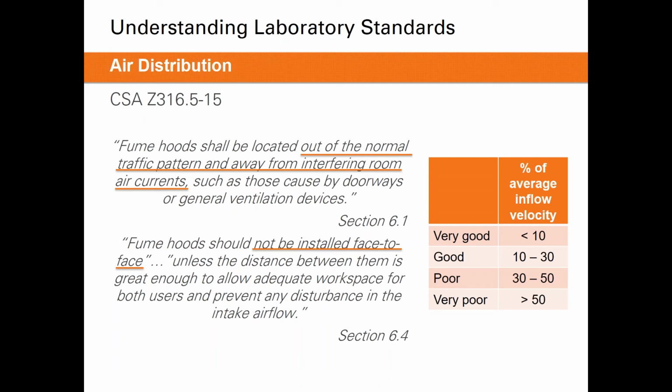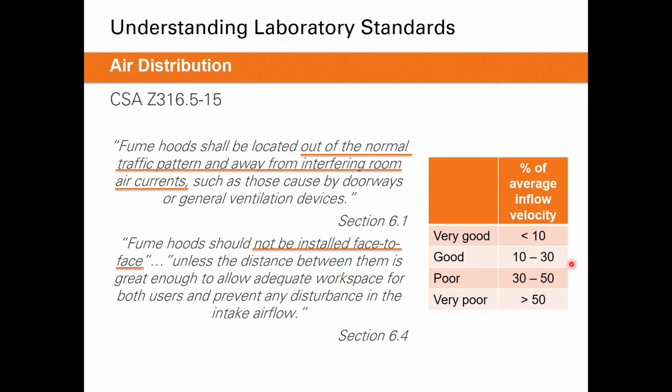The other thing that CSA highlights in the standard is acceptable ranges of good and poor performance in terms of crossflow. So when laying out fume hoods and diffusers, we want to keep this in mind that good performance on a fume hood in terms of crossflow would be having less than 30% of our face velocity as a cross draft.